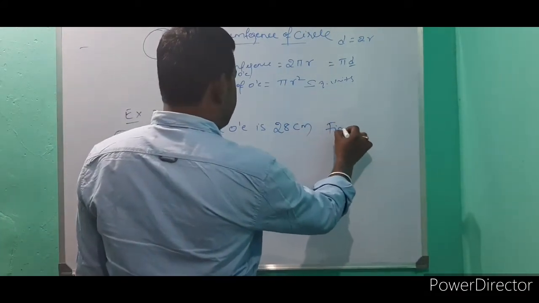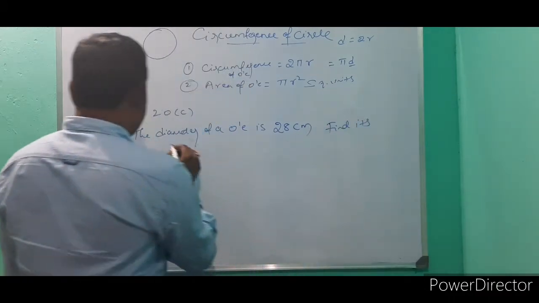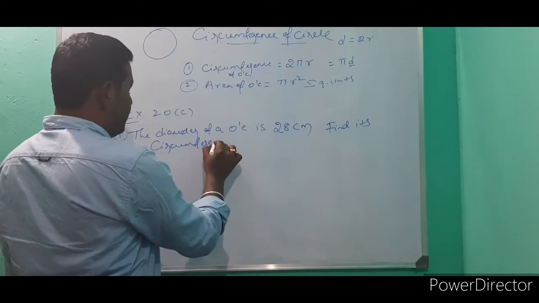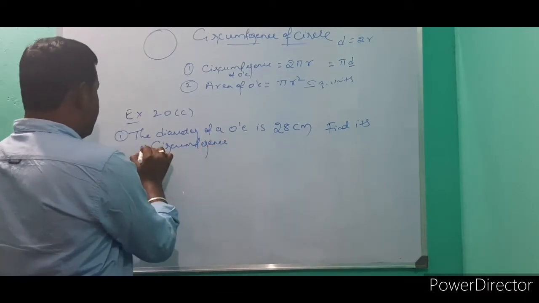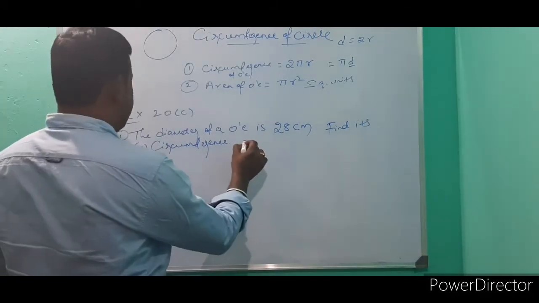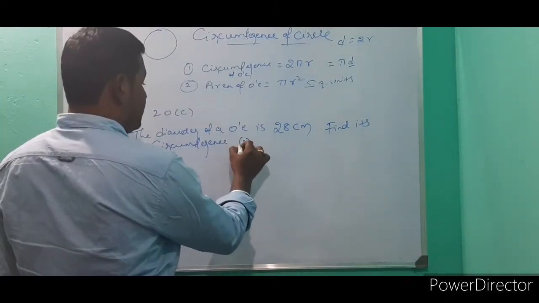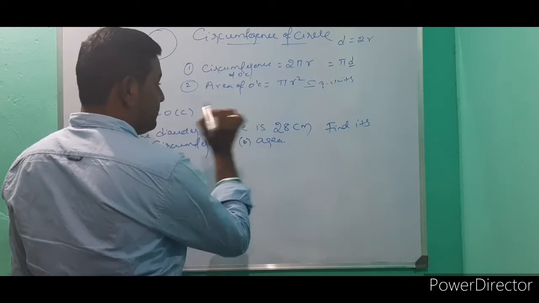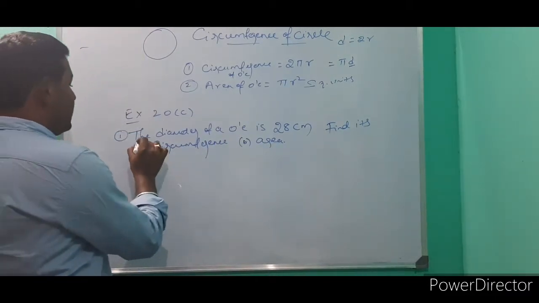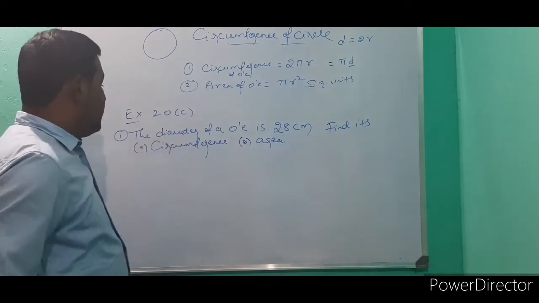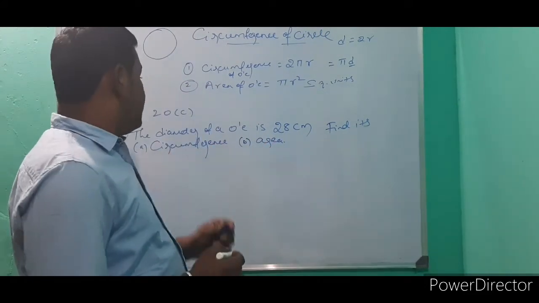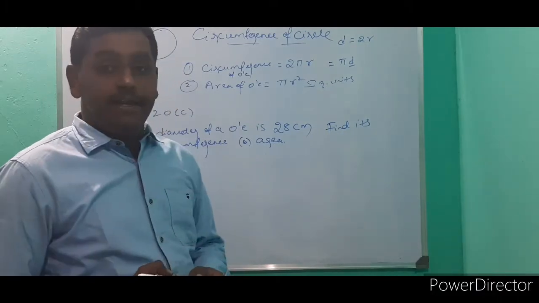Find its circumference, first one, and second one, area. So the problem given is the diameter of a circle is 28 centimeter. Find its circumference and area.